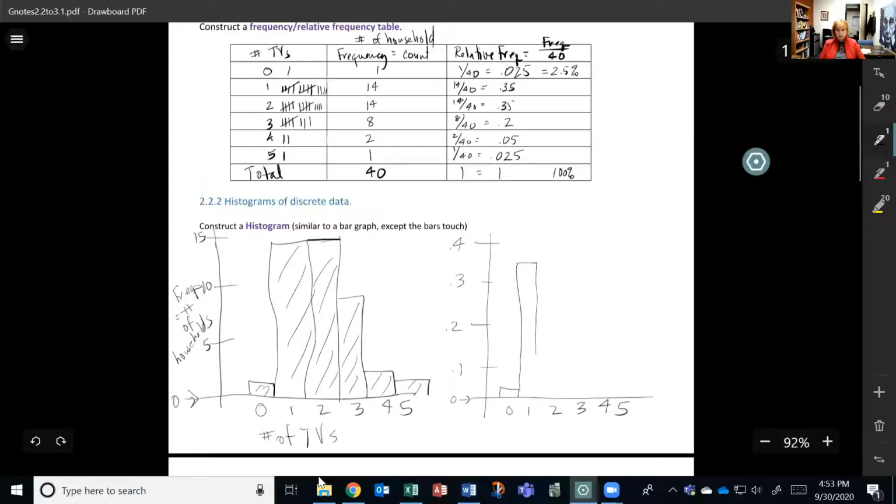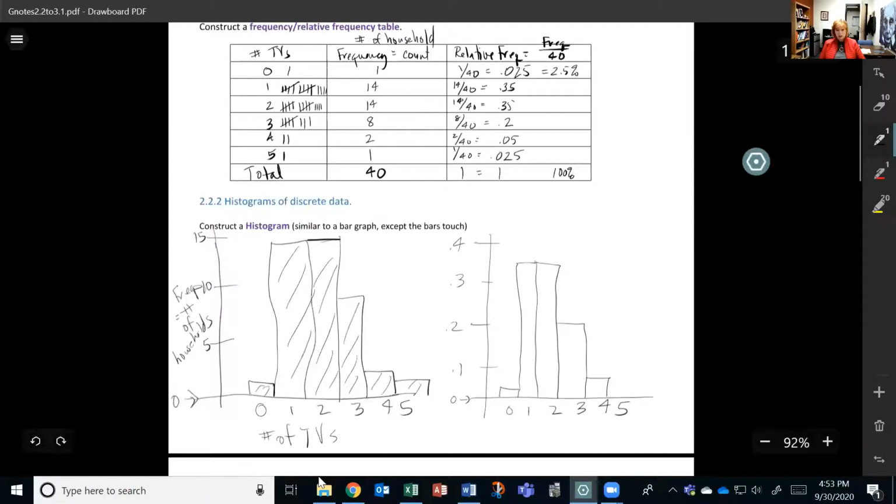And I'll bring him down. Same thing, this one's also 0.35. For 3, we got 0.2. That's right here. 4 is 0.05, so it's half of this guy.